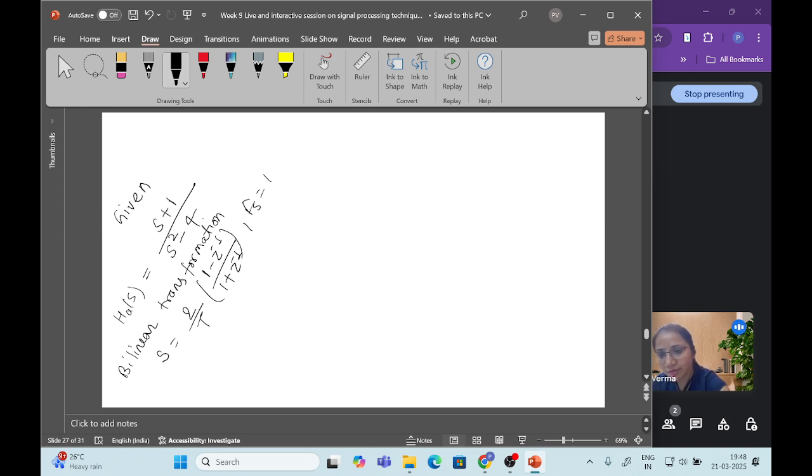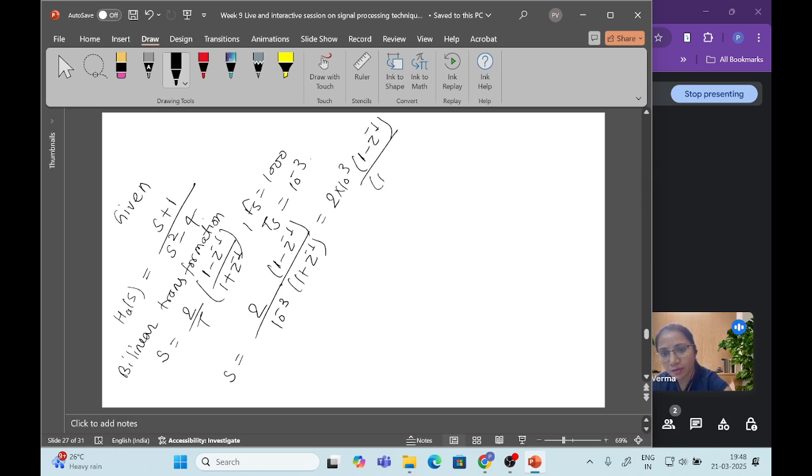Fs is given as 1000 Hertz, from here Ts we can calculate, that is 10 to the power minus 3. So it is 2 into 10 to the power 3, 1 minus z inverse divided by 1 plus z inverse.